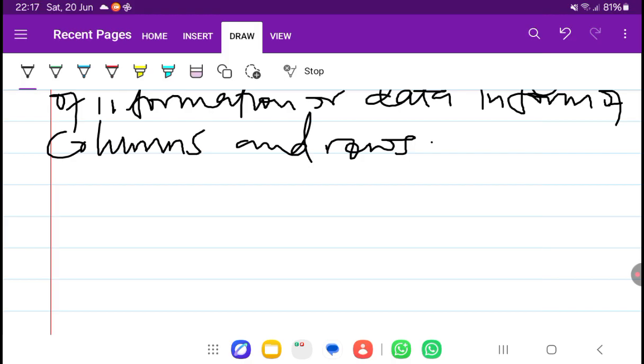Some of the possible reasons for which tables may be constructed, of course, because someone may be asking, why do we actually present data in a tabular form?